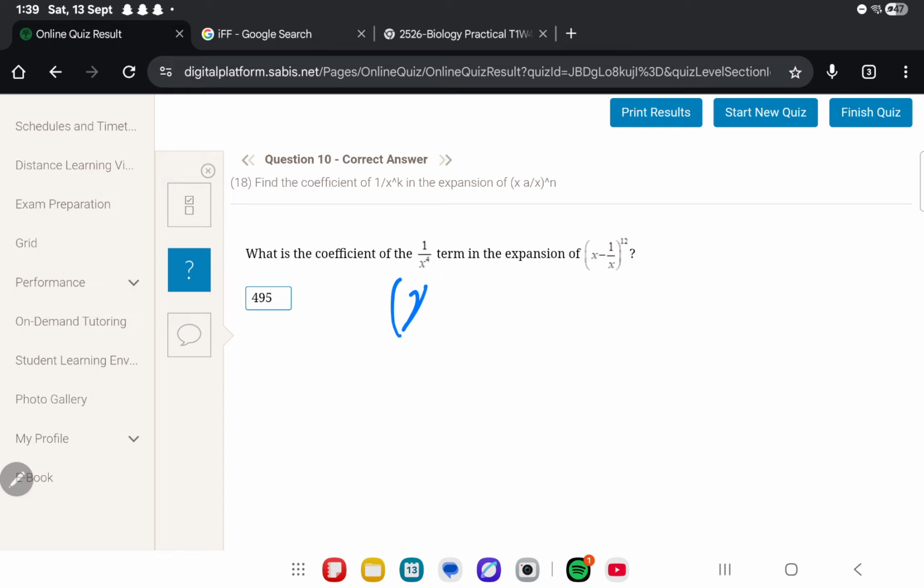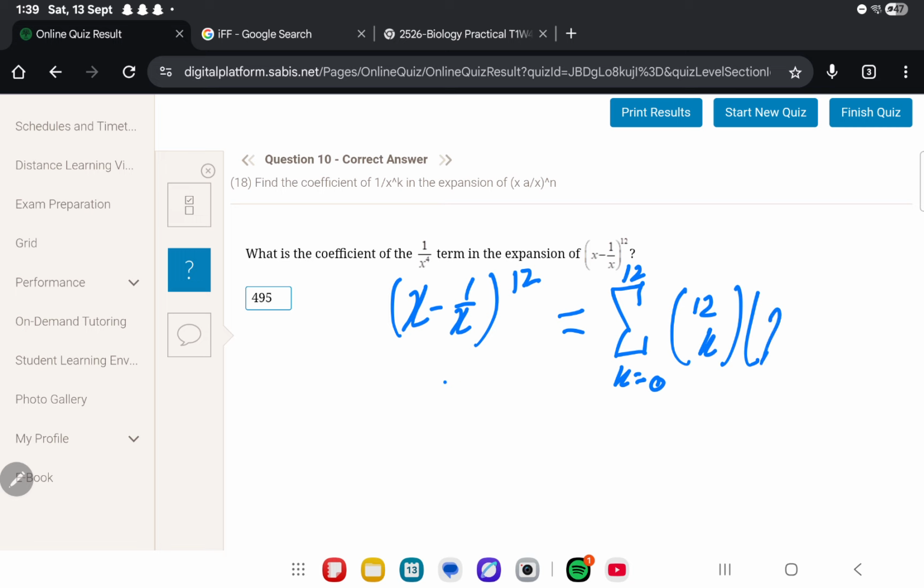So x minus 1 over x to the power of 12. The sigma notation for this one is k equals 0 to 12, 12ck, x to the power of 12 minus k, and negative 1 over x to the power of k.